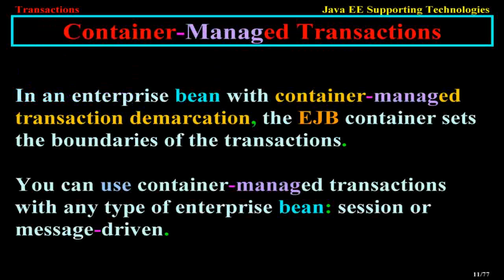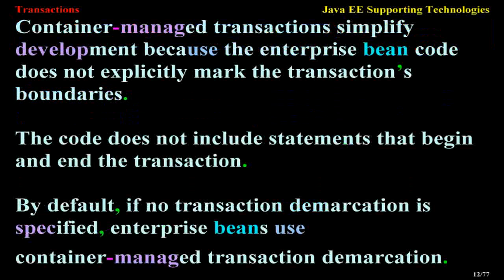You can use container-managed transactions with any type of enterprise bean, session or message-driven. Container-managed transactions simplify development because the enterprise bean code does not explicitly mark the transaction's boundaries. The code does not include statements that begin and end the transaction.